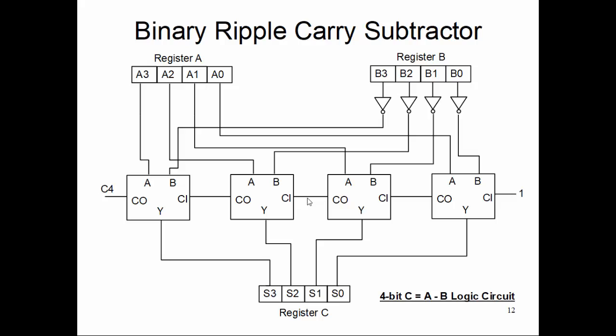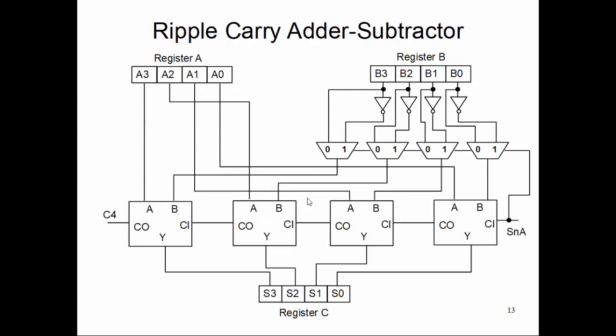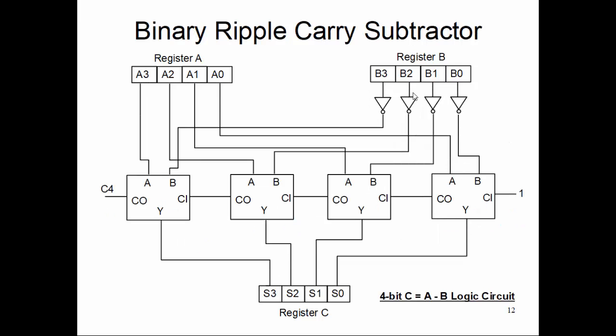So can we somehow combine this subtractor and adder circuit together? One way is, of course, a multiplexer, right? If it's a subtraction operation, I need B bar. If it is an addition operation, then I need B. One is the complemented form, the other the uncomplemented form, depending on the operation.